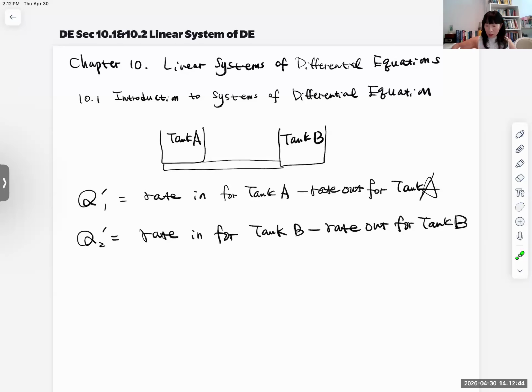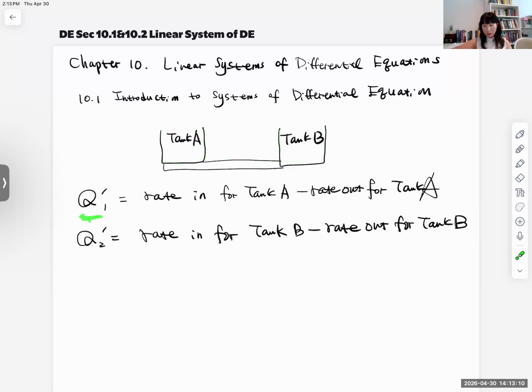All right? Okay, so we did that application about the tank, about the salt solution before, right? This section is about two tanks connected. Then how do we set it up? That question about the differential equation. Okay, so we have a tank A here and tank B, they're connected.